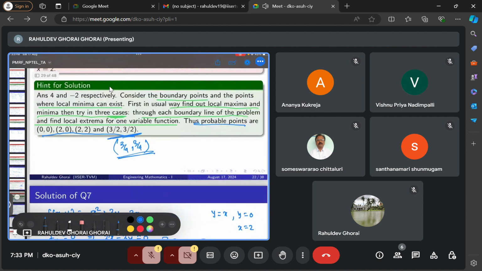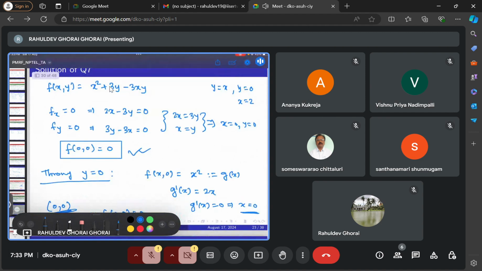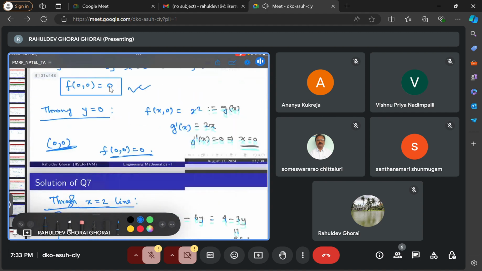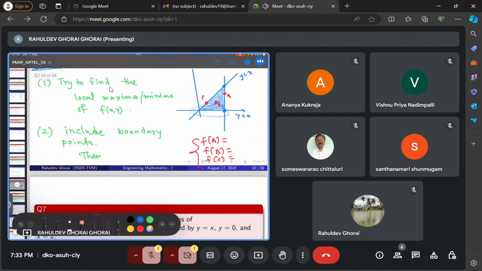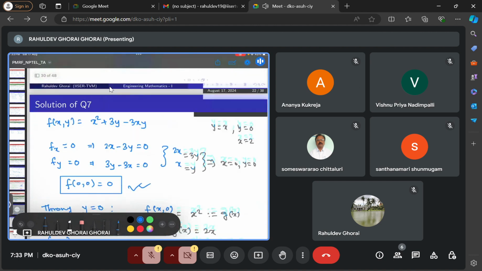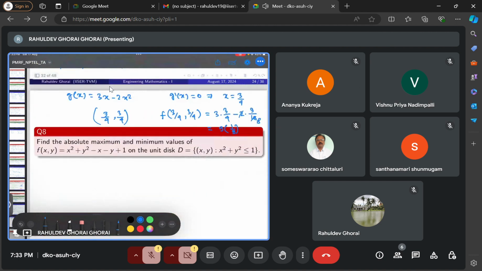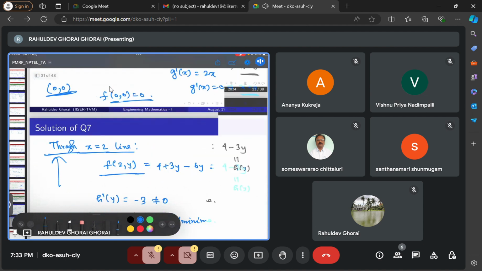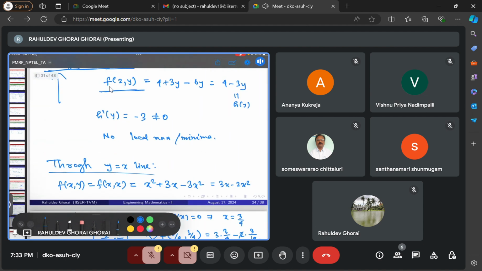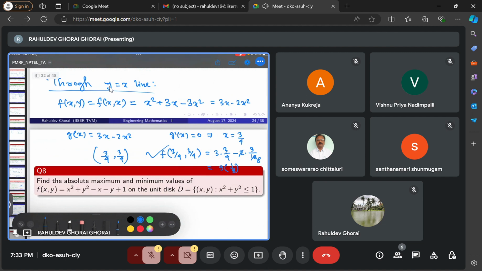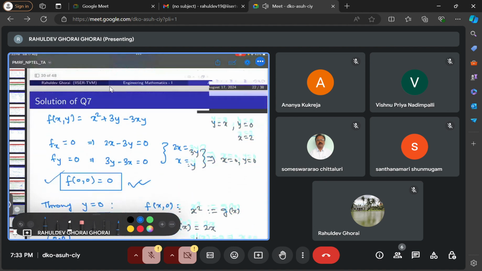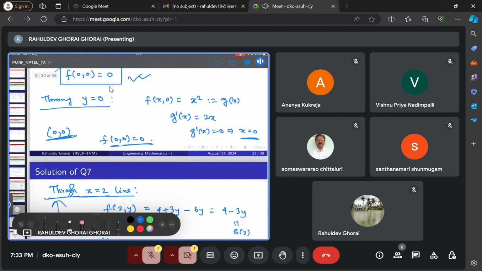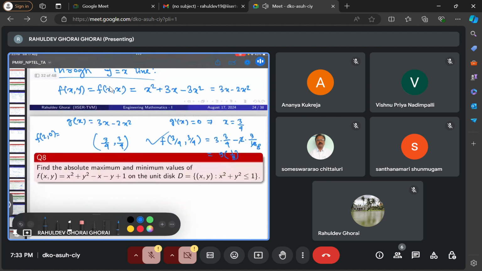One value you have is 9 over 8. One you have at 0, 0, which is 0. And also you have to consider the corner points. Although they are not there, these corner points also you have to include. So you have to find f at 2, 0 and f at 2, 2. f at 2, 0 will be 4.